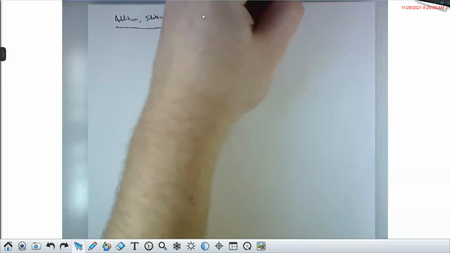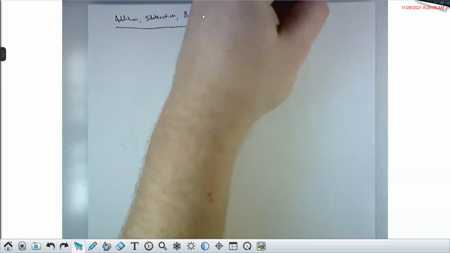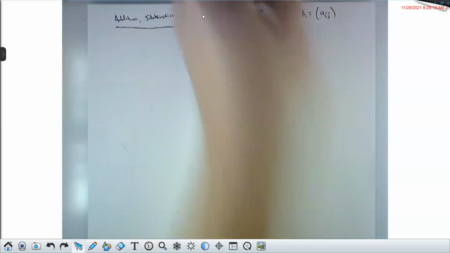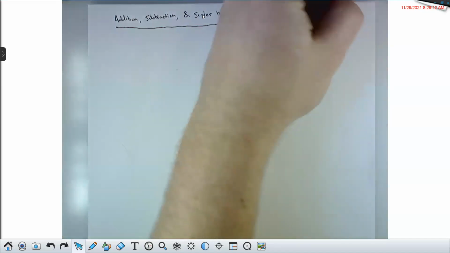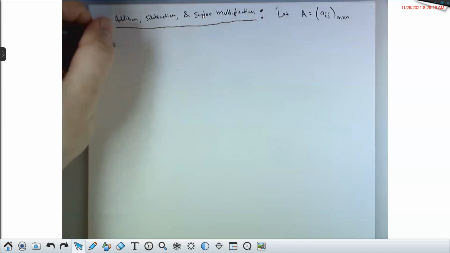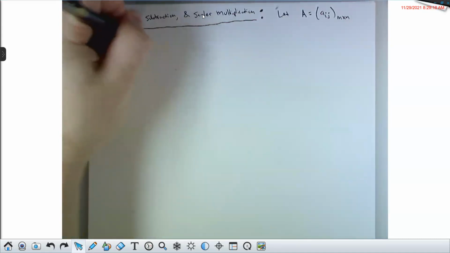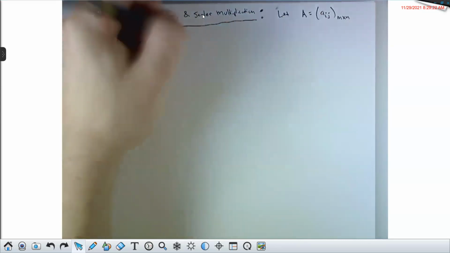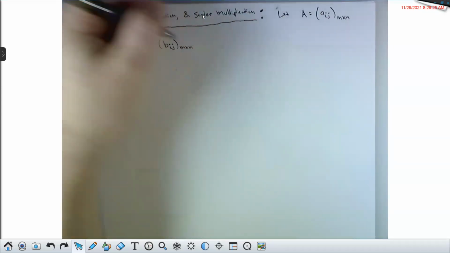So let's let the matrix A be the matrix whose entries are a_ij, and this is an m by n matrix. And let capital B be the matrix whose entries are b_ij, also an m by n matrix.